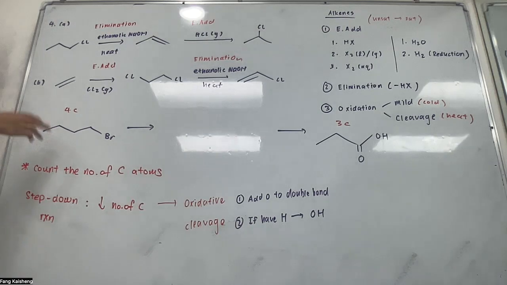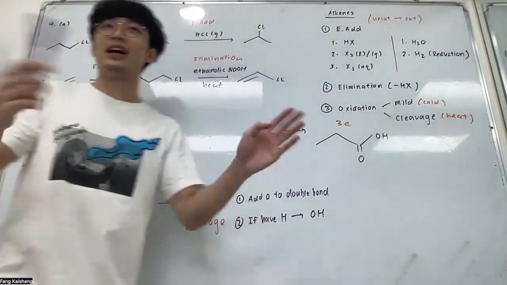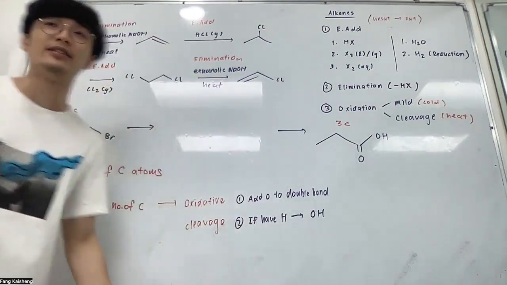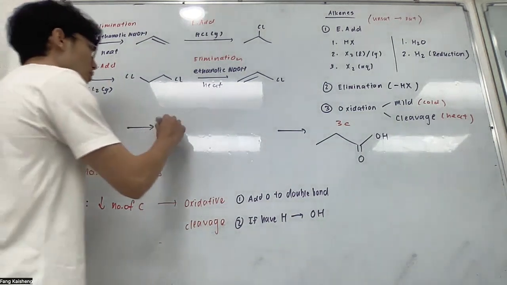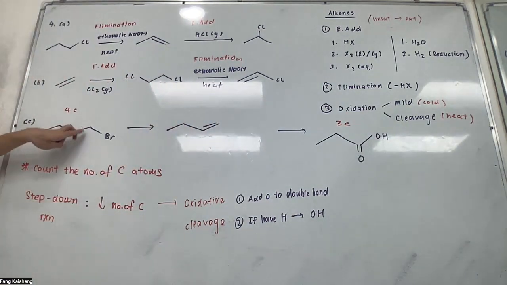Elimination, good. Why did I tell you guys to change this? OH also can undergo elimination one, but I told you guys elimination is minus HX. There's another one where you can get rid of water. We call that dehydration, but you haven't learned it yet. That's why I changed it to Br first. Not to worry. So we have the double bond here only. All good with that? So the first position.